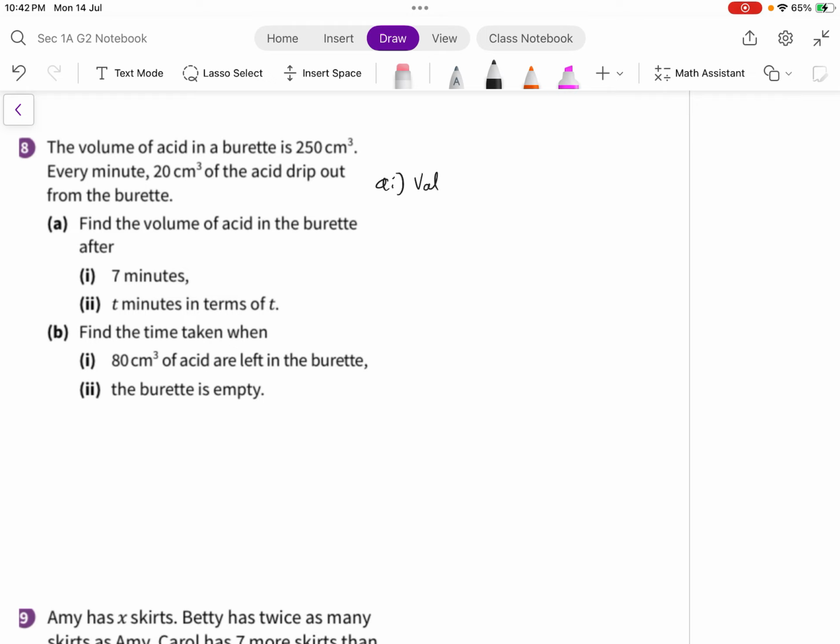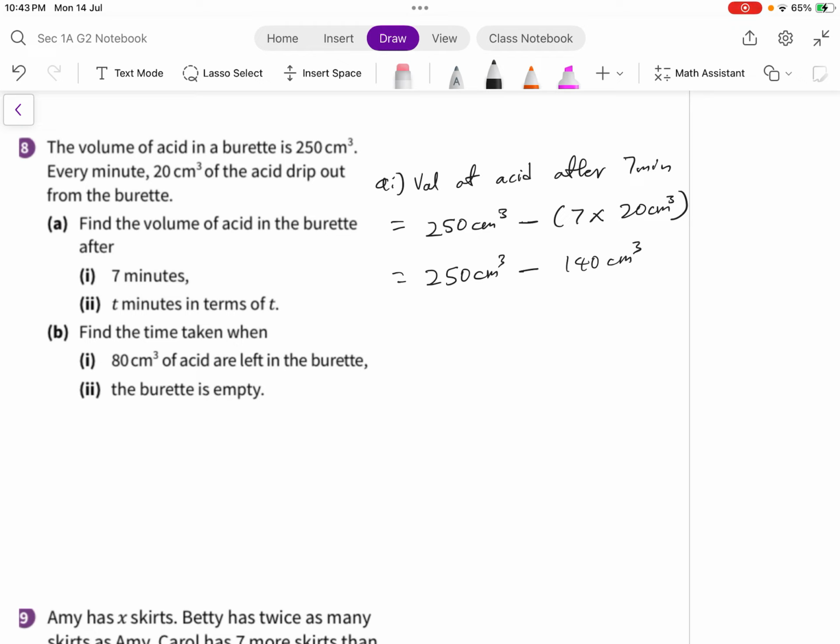So it's 250 cm³ minus 7 times 20 cm³, because every minute 20 cm³ leaks out. So 250 cm³ minus 140 cm³, you get 110 cm³.